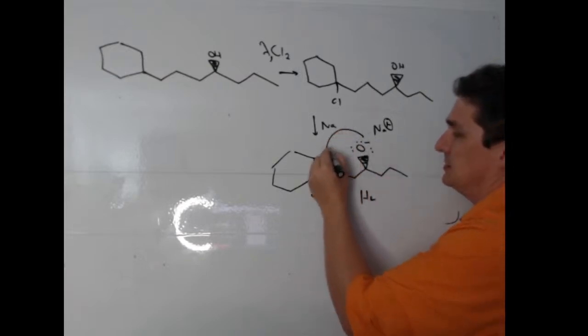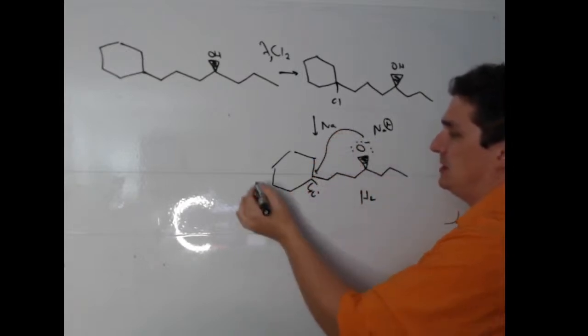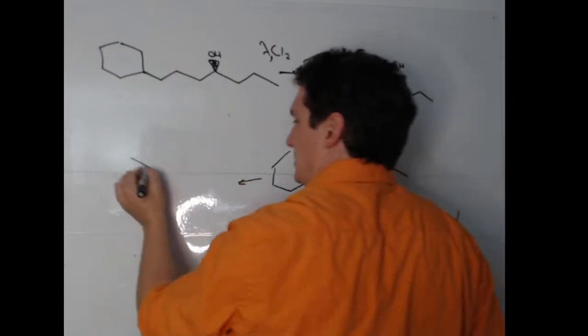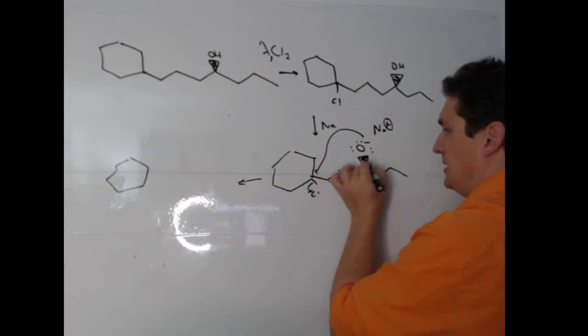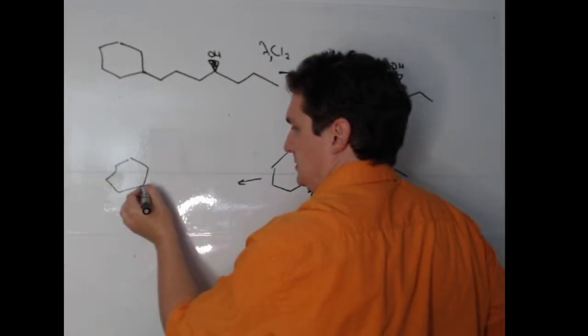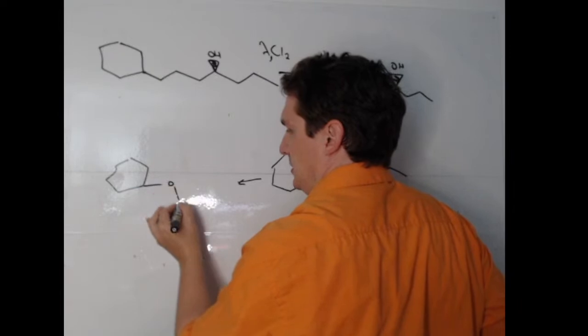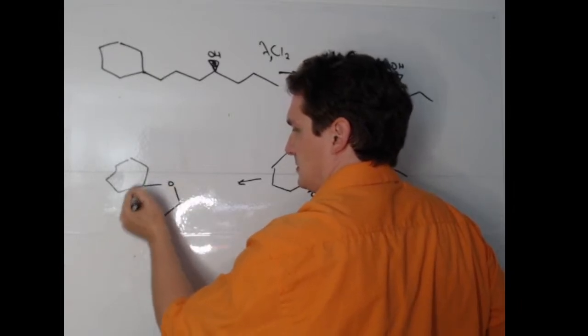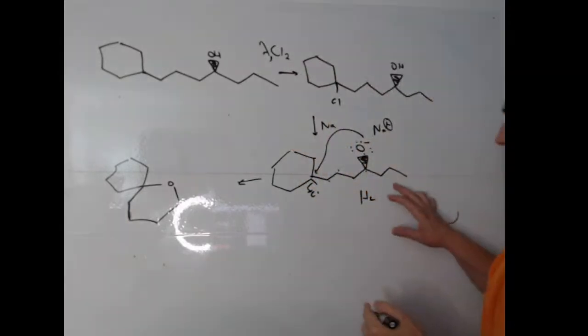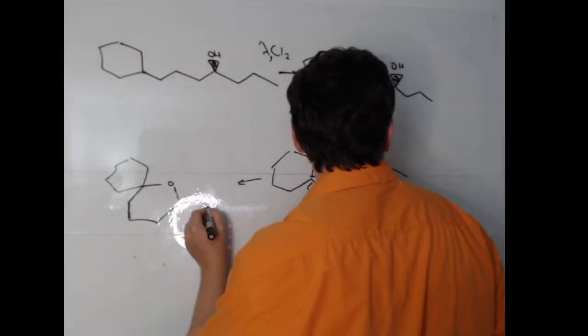So what it's going to do is attack this chlorine, bump it off, and what we'll end up with, if we count them, 1, 2, 3, 4, 5, 6, and then we'll also have a propyl group hanging off.